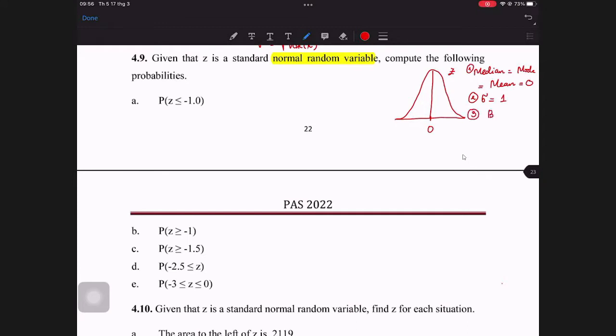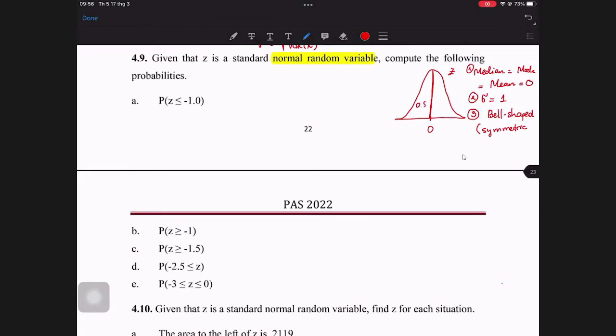And for this, we have a bell-shaped distribution, so it has the shape of a bell. And for a bell-shaped distribution, the distribution is always symmetric, meaning that when we draw a line from the highest point of the graph to the center here, to the mean here, then that line will divide the graph into 2 equal halves.